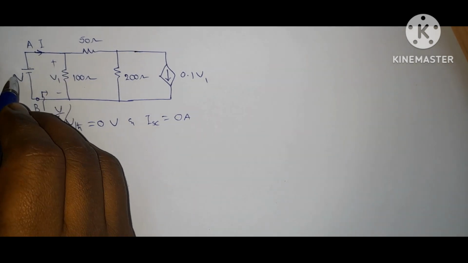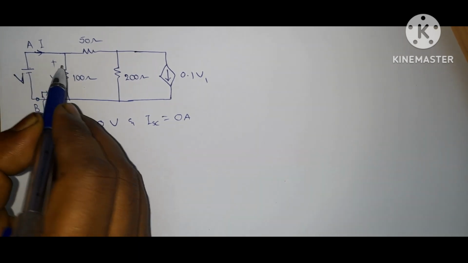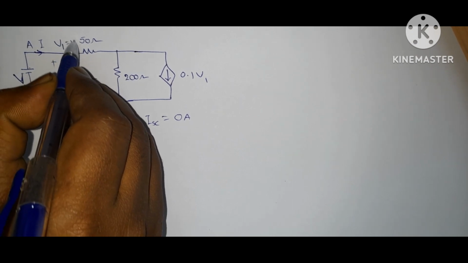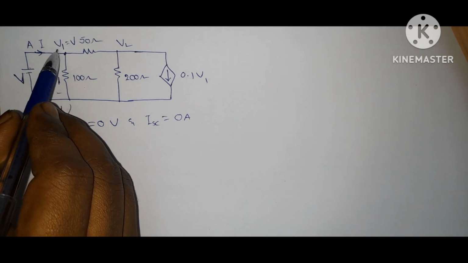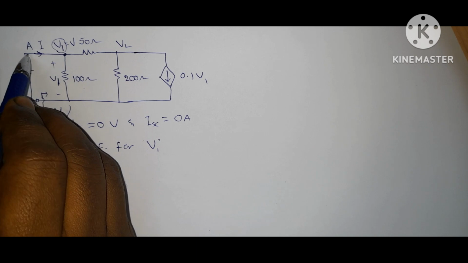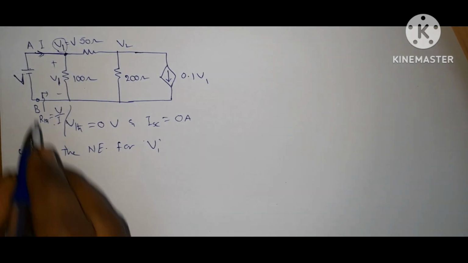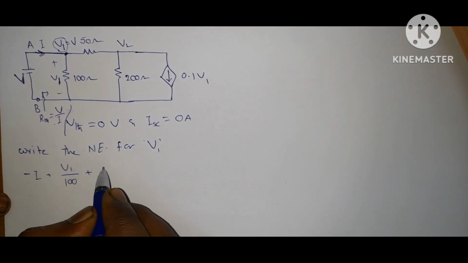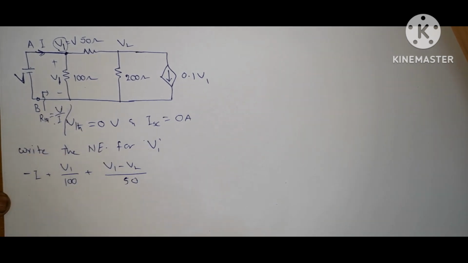If you observe this voltage source value is V1, because these two are in parallel. So here it is V1. This node voltage is V1. V1 equal to V. Let the other node be V2. Write the node equation for V1. This current is coming towards this node. So it is minus I plus V1 by 100 plus V1 minus V2 by 50.